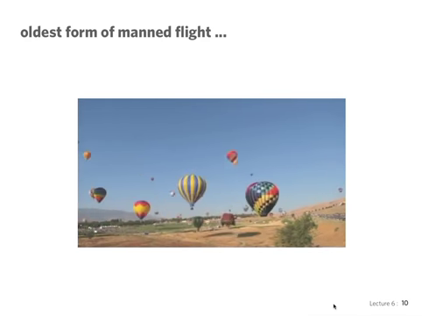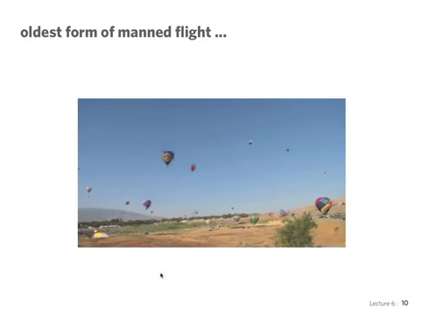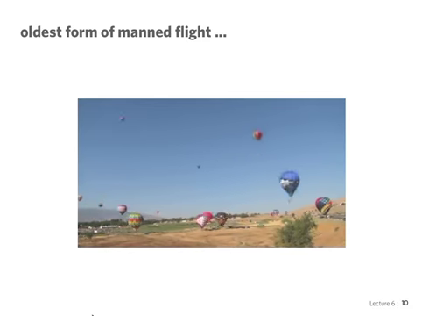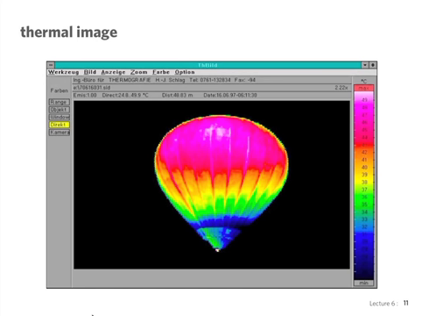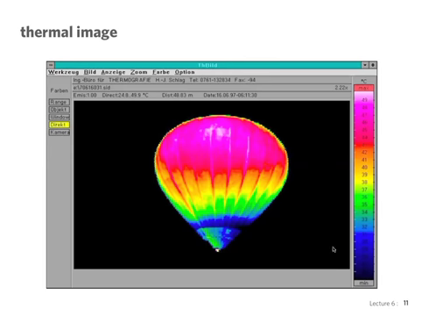Okay, so of course you know this is the oldest form of manned flight. So buoyancy force was used for flight in the late 18th century, and it works by, of course, heating up a volume of air.